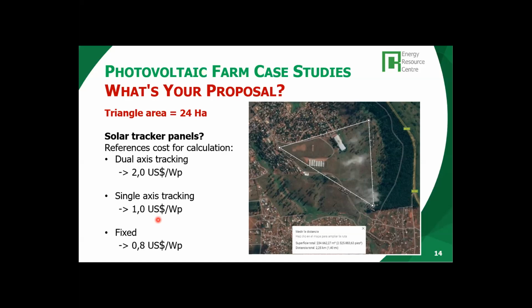Even though the prices are coming down, the references are more or less like this we're sharing here: roughly about $1 per watt peak, below $1.80 per watt peak in a fixed structure system, up to $1 per watt peak for single axis tracking, and double that for dual axis tracking.